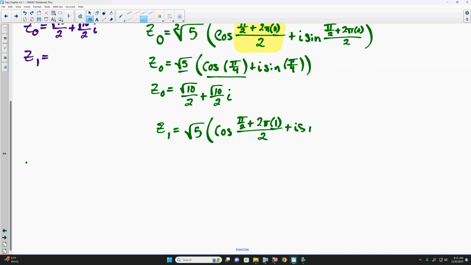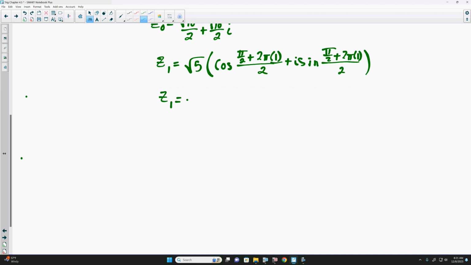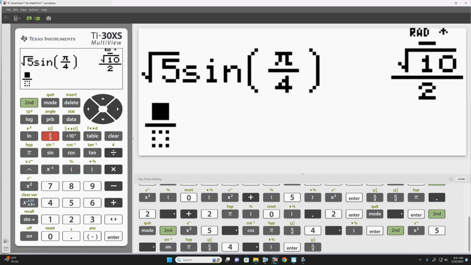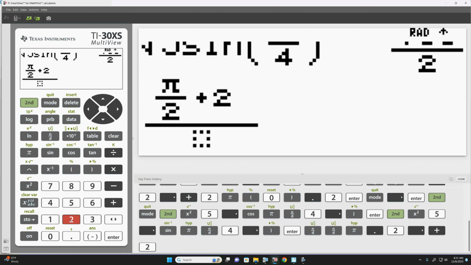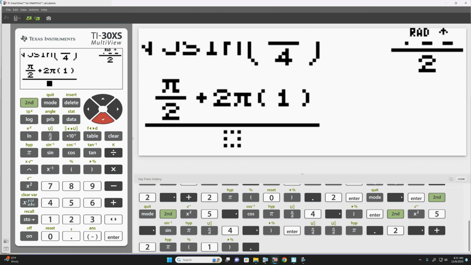Plus i sine of pi over 2 plus 2 pi times 1 over 2. And just like before, we're going to type what's inside cosine and sine into the calculator. Fraction pi over 2 plus 2 pi times 1 over 2 is pi over 4.